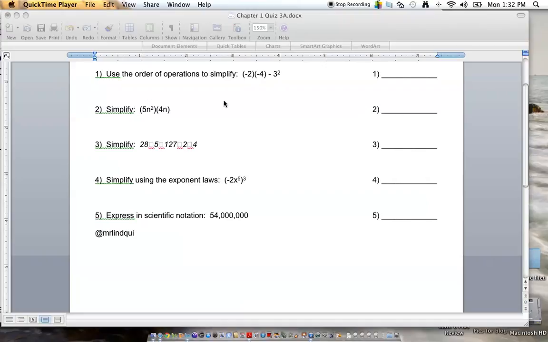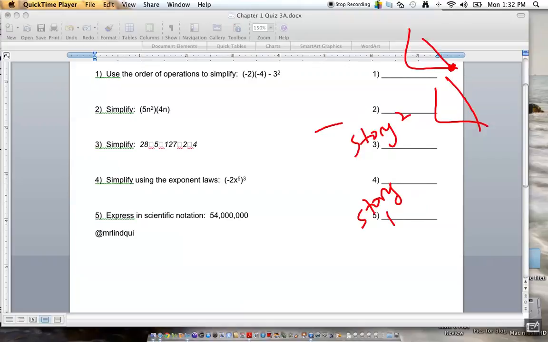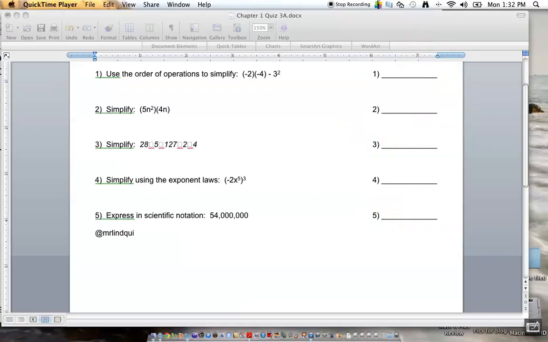It's not everything, but you should be able to get all of them right. But that did not happen on the quiz. And again, I don't really care about the first quiz. I care about the second and third quizzes. The first one is just to tell you what it is we want you to know.